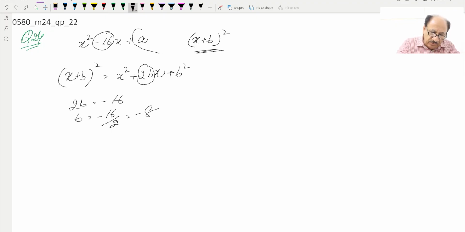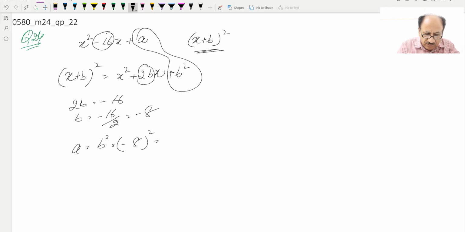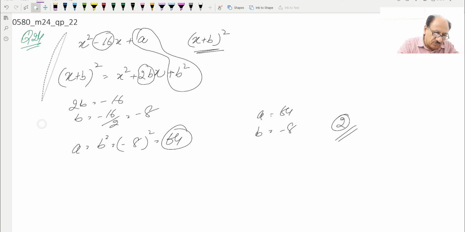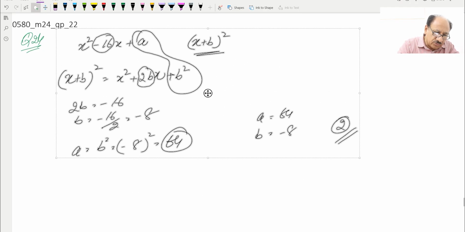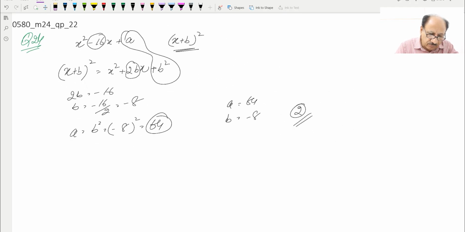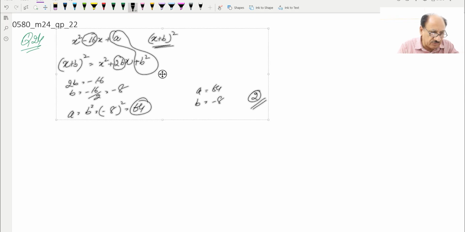And if we compare this one, a is equal to b square, which is equal to minus 8 square, so this will be equal to 64. So our a value will be equal to 64 and b value will be equal to minus 8, and this is the 2 mark question which we have done. Hopefully you understood this question. It was a simple and straightforward question.